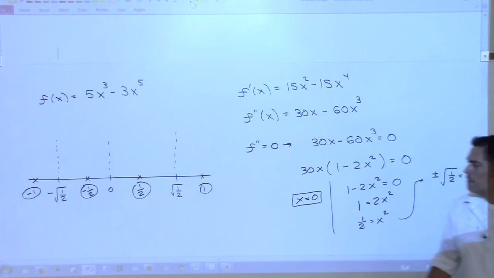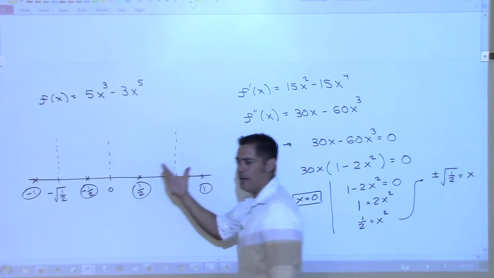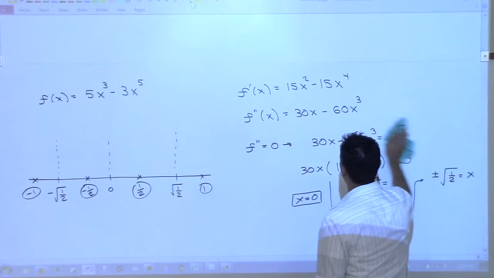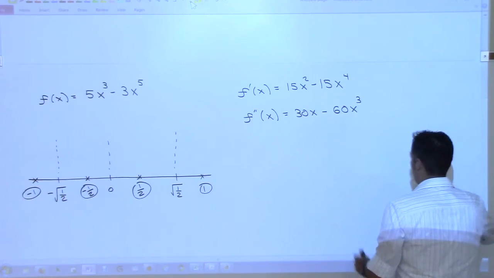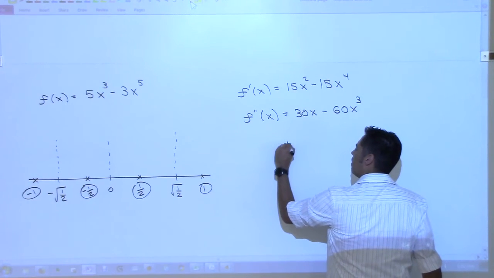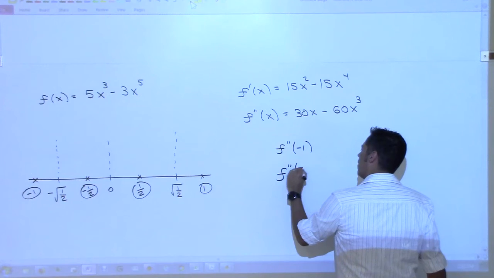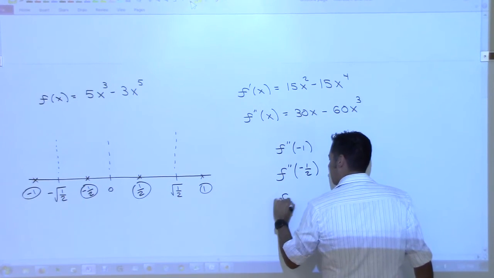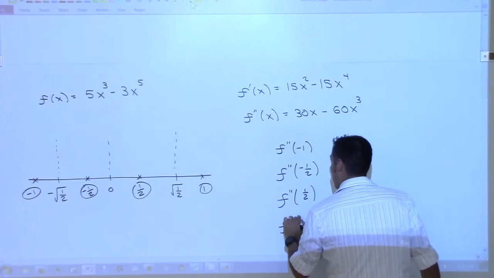And now we're taking those and plugging those into the second derivative, because the second derivative is going to tell us whether or not we're concave up or down. So let me do it right there. I think I'll work with this one. That's fine. So I need to find out what is f double prime of negative 1, f double prime of negative 1/2, f double prime of positive 1/2, and f double prime of 1.